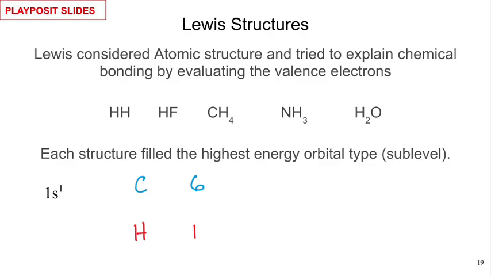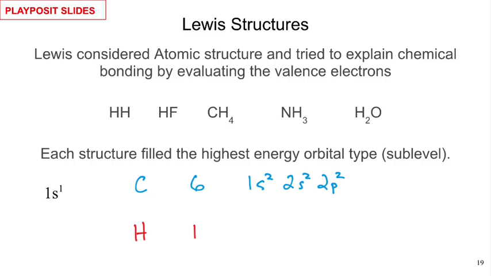Now the question is, which electrons do I care about? Because if we look at carbon, it's got 6. Of those 6, which matter? If we had an electron configuration, we have 2 electrons in our first energy level, s-type.